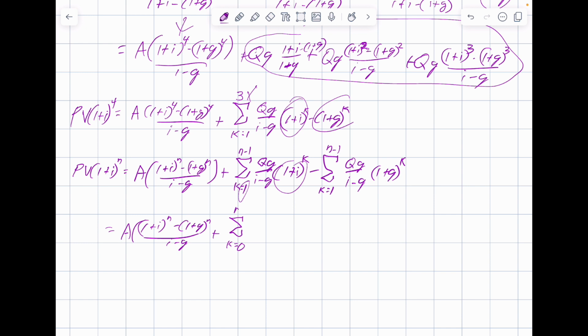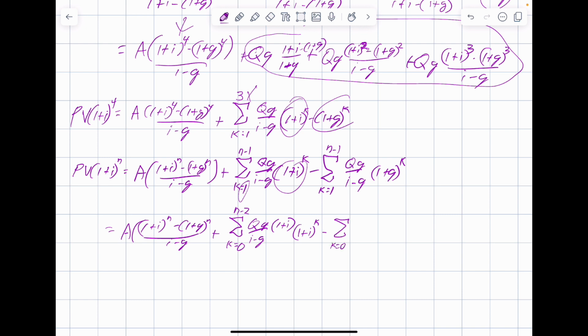We'll change this from k equals 0 to n minus 2. We'll take this 1 plus I term out of here, so it'll just become 1 plus I to the k. We'll go from 0 to n minus 2.